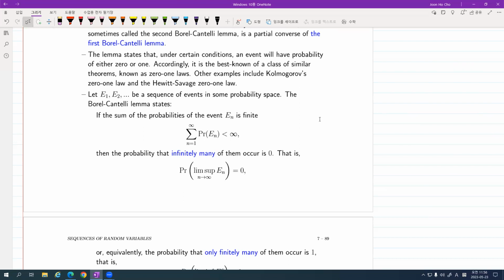And as I told you, the Borel-Cantelli lemma is quite often used to prove what? The convergence of a random variable to another random variable almost surely. So you have some idea. Okay. Accordingly, it is best known as a class of similar theorems known as 0-1 laws. Other examples include the Kolmogorov 0-1 law, and so on.